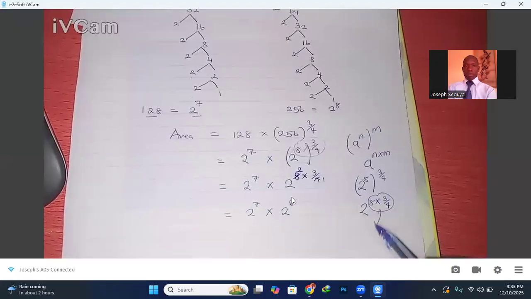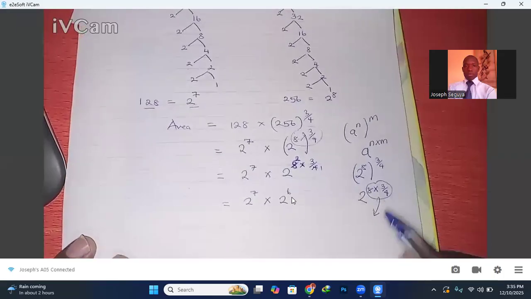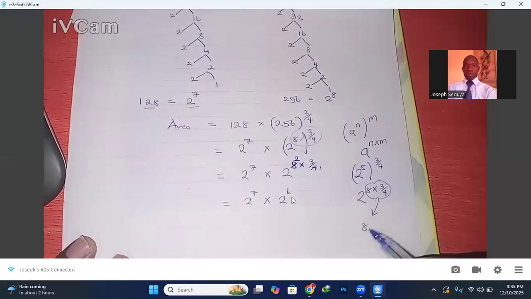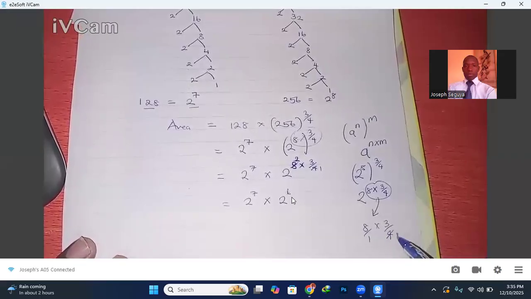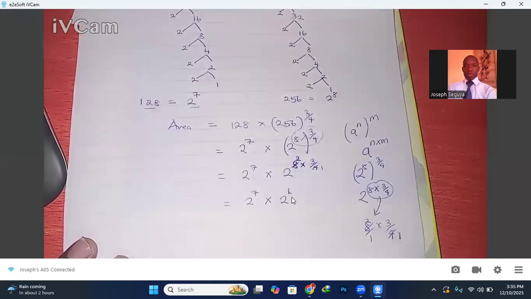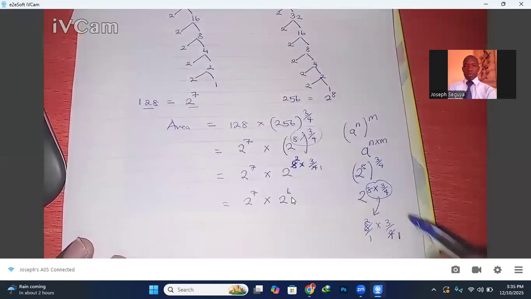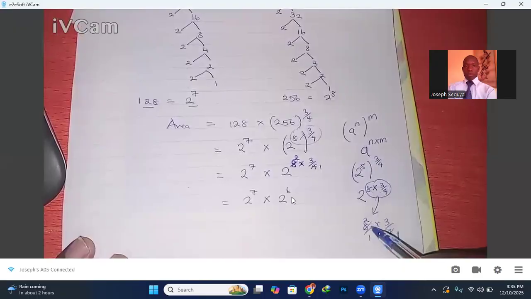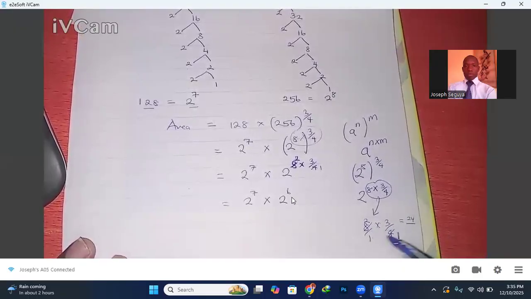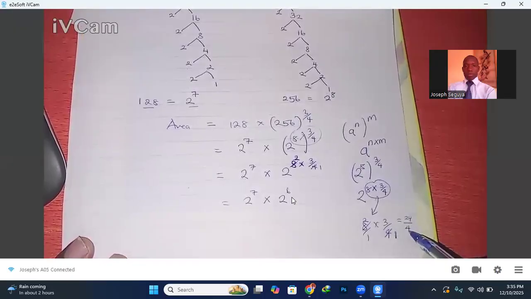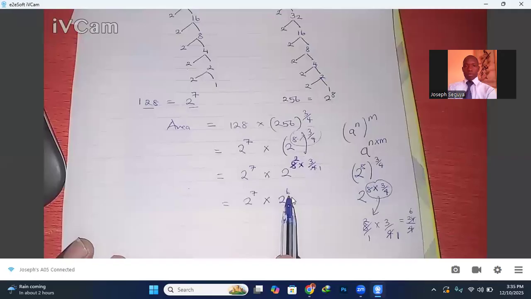This one will give you 8 over 1 times 3 over 4. So 4 into 8 is 2, and 4 into 4 is 1. You see that? So you can have 8 times 3, which is 24, over 1 times 4, which is 4. They divide and you get 6. So that's why you have 6 here.